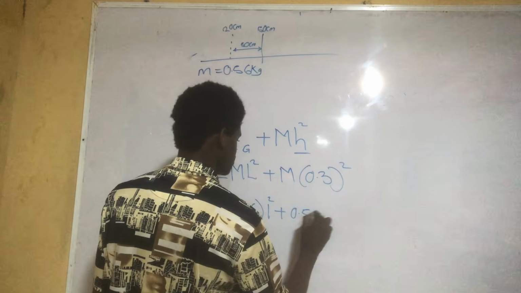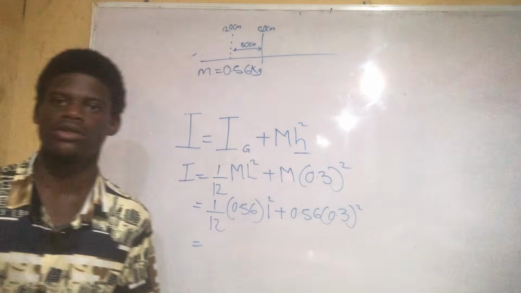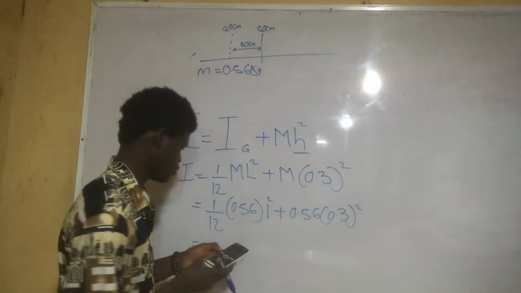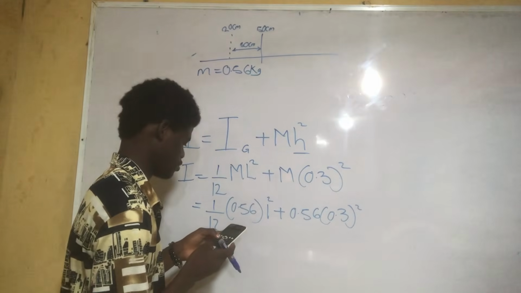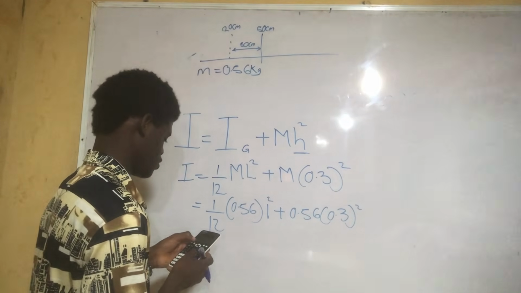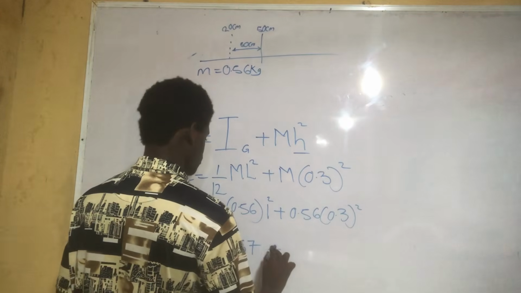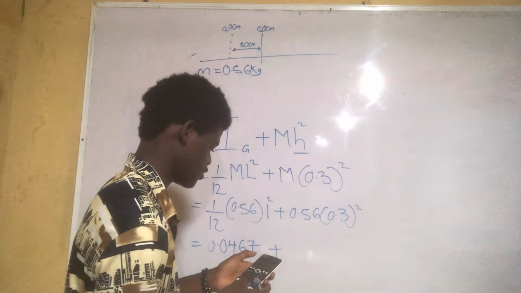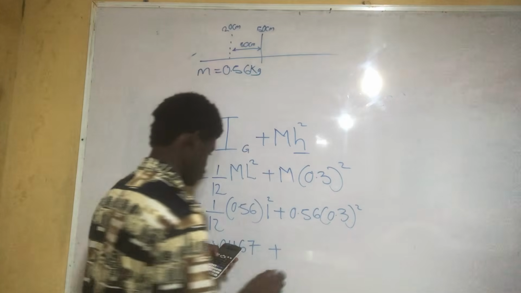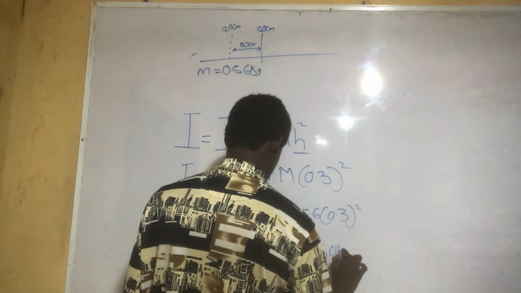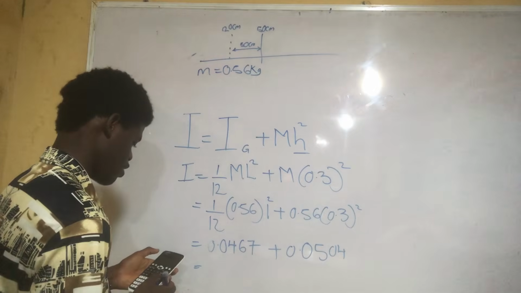Plus the mass, 0.56, times 0.3 squared. Let me solve this with the calculator. The first term is 0.0467. Then 0.56 times 0.3 squared is 0.0504. Adding these together, 0.0467 plus 0.0504, we have 0.0971.